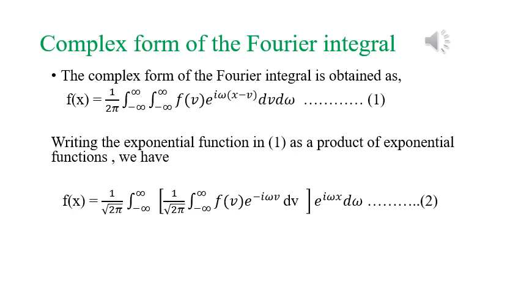Then f of x becomes 1 by root 2 pi integral minus infinity to infinity, in bracket, 1 by root 2 pi integral minus infinity to infinity f of v e raised to minus i omega v dv, into e raised to i omega x d omega.